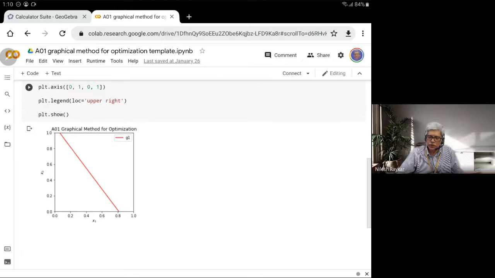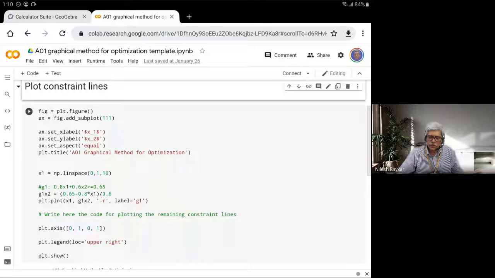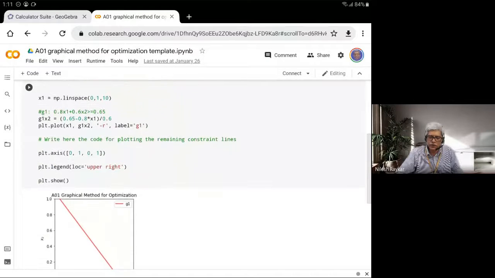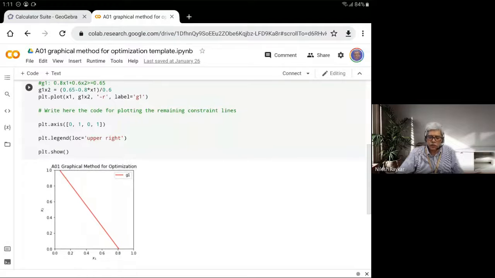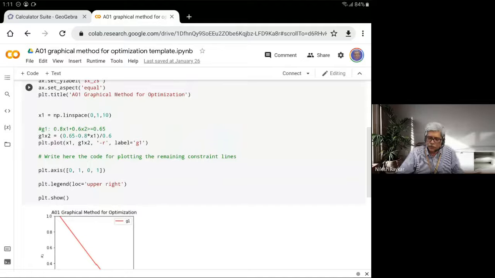The given constraint, as we have seen, is x1 plus 0.6 x2 greater than or equal to 0.65. Here it is only the equation of the line, so there is no shading. That may be possible, but I don't know how to do it in this matplotlib. But that is not important.